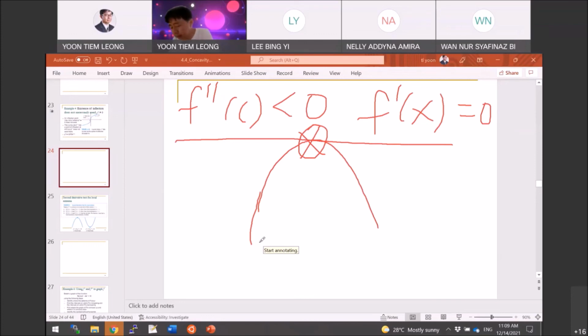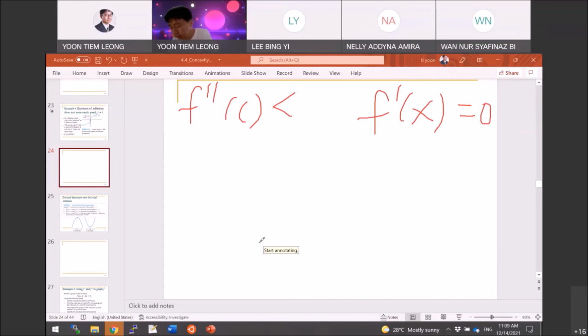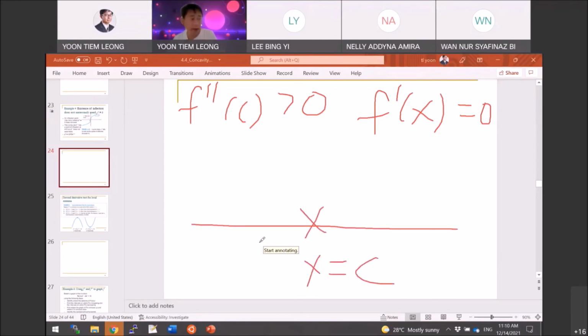Now you can do the same thing for the other possibility, that is, where f prime is 0 and f double prime is positive, right? So you combine these two facts into a single picture. You have a graph at the point x equals c, and at that point the function has a slope which is horizontal.